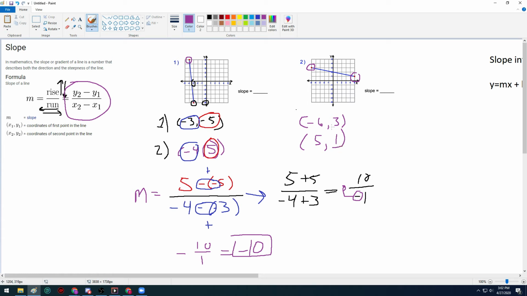We know y2 minus y1 over x2 minus x1. Remember, two negatives give us a positive, so 1 minus 3 gives us -2 over what's 5 plus 6? That's 11. So our slope is -2/11. You can't simplify this one, so we're going to keep it like that.